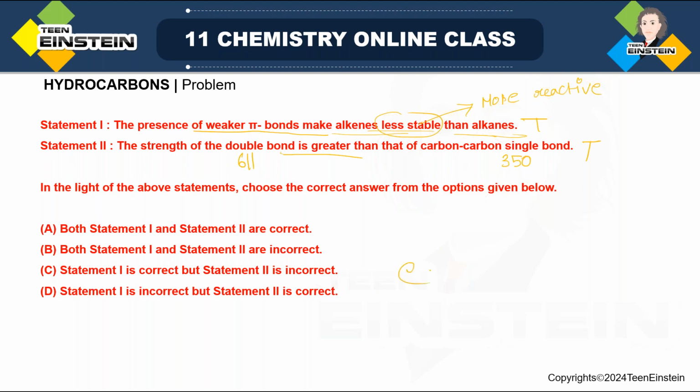When you are completely breaking both the bonds, then 611. But when you are breaking only the pi bond, suppose you are breaking this, not this one, this is still intact, then this is not the energy we require. This is not equal to 611. Okay. So don't think that these two statements are contradictory. Both are actually true. Option A is the correct option.